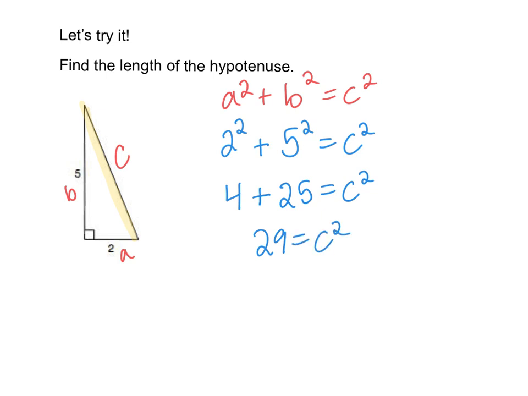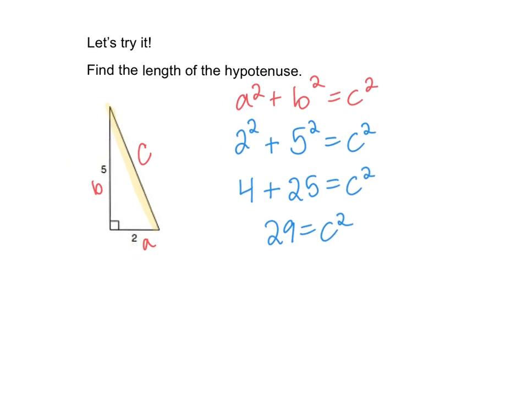So if I want to get C by itself, I have to get rid of this exponent. And how do I undo an exponent to the power of 2? We've talked about this before, probably a long time ago, but the inverse operation, sometimes we say opposite operation, of taking something times itself or squaring it is taking the square root of it.